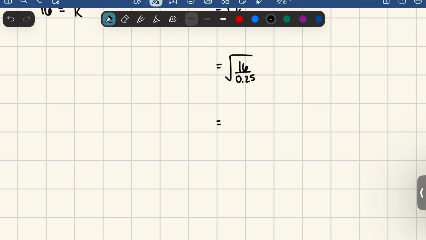Everything divided by 0.25 is like 16 times 4, which is 64. Oh, this is going to work out so nice. Omega is 8. Okay.